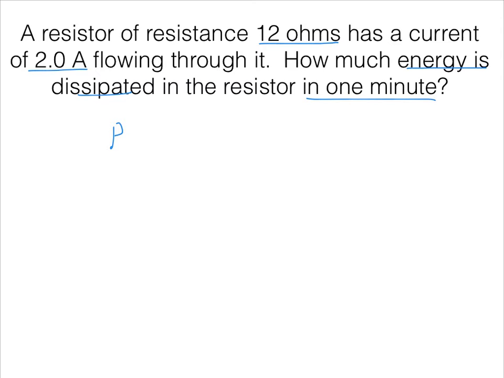So the equation that related those two was power equals current squared times resistance. And so with that, I should now be able to calculate. And so I'll go power equals, and so I was 2, so 2 squared times the resistance, which was 12, and so that would be 4 times 12. The power is therefore equal to 48 watts.